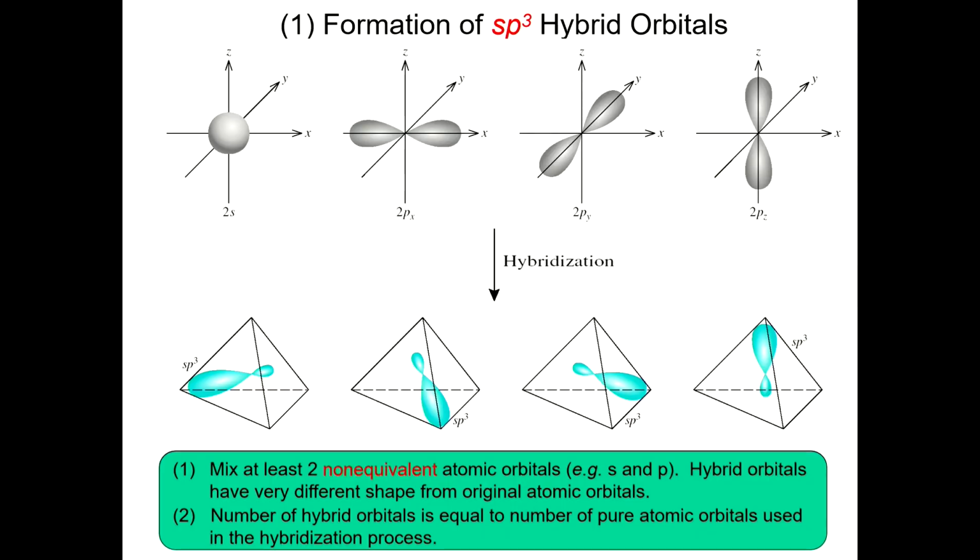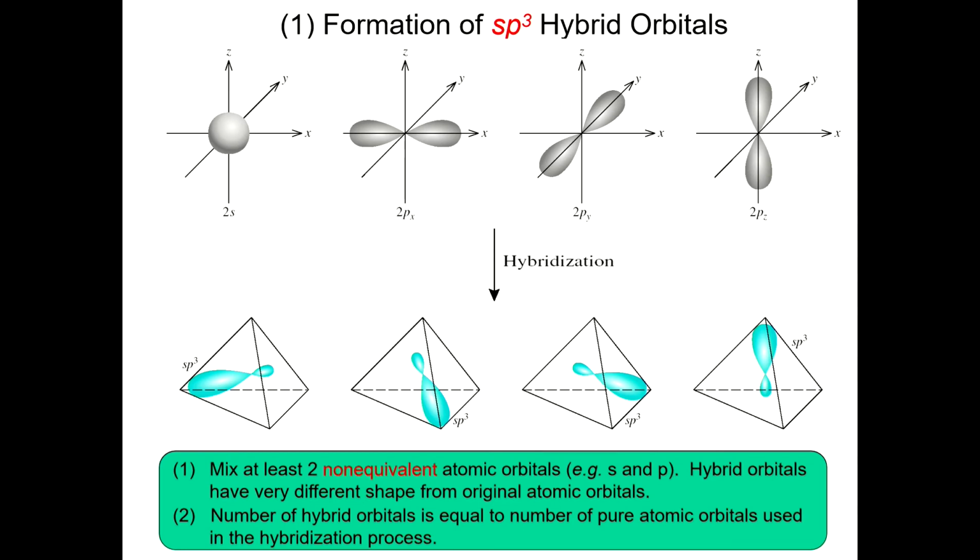So here we can see how to get the hybrid orbitals. For example, here is the formation of sp3 hybrid orbitals. What does sp3 mean? sp3 means 1 s orbital and 3 p orbitals mixed together.